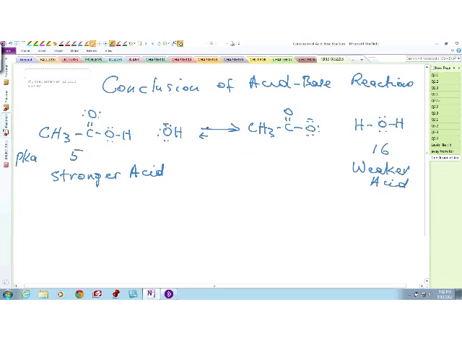That arrow right there simply tells you that most of the reaction goes to the right, because that is the direction of the weaker acid. And I also show you that you might have a little bit of it going to the left. Okay, having given you that information, let us do a problem.